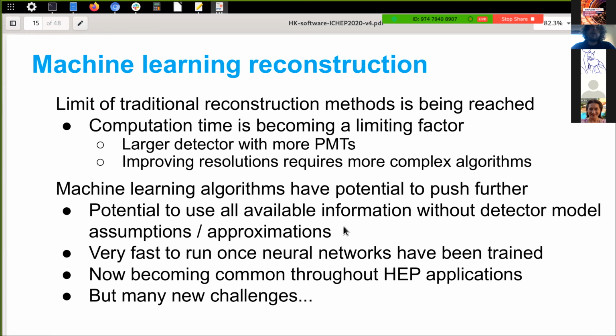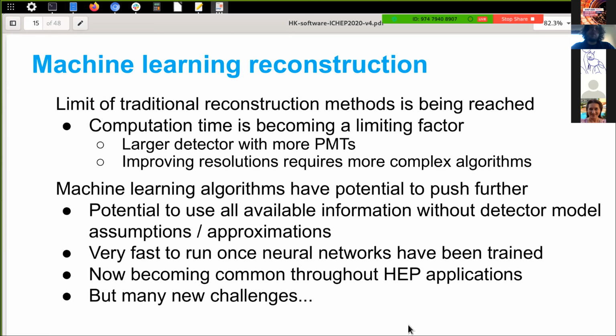So machine learning is being used throughout HEP now for reconstruction purposes. And here there's really a lot of potential to both improve on our resolutions and improve on the performance using much less computation time once these networks have been trained.